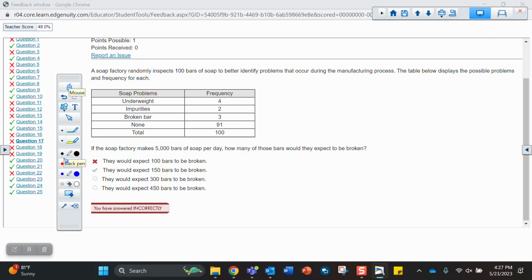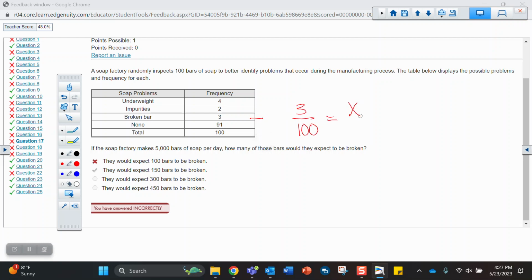A soap factory randomly inspects 100 bars of soap to better identify problems. The table below shows the possible problems and frequency. If the soap factory makes 5,000 bars of soap per day, how many of those bars would they expect to be broken? So we have 3 out of 100 that are broken.